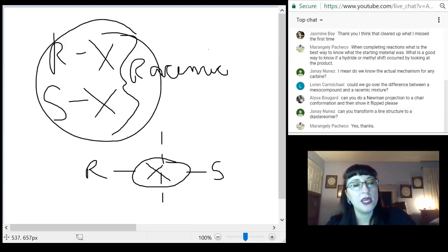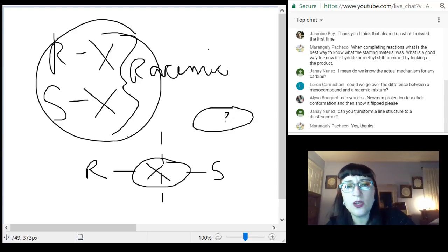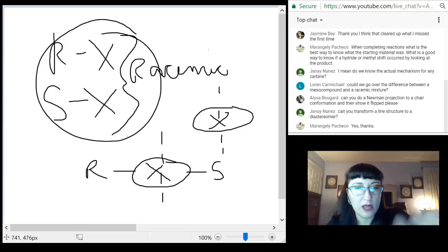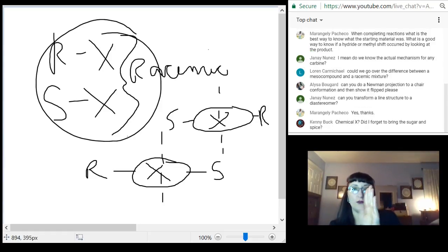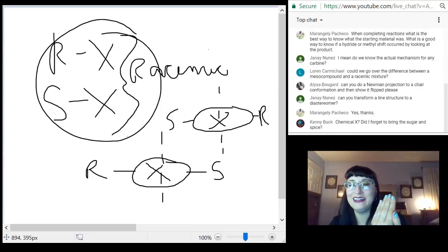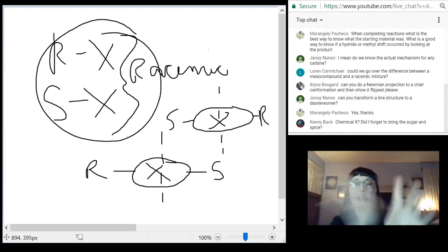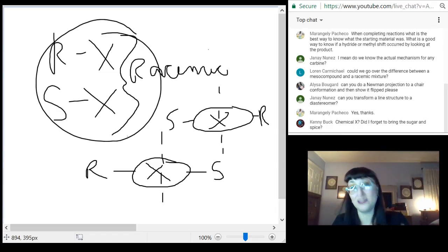And so then you also have what you would think would be the enantiomer of that, meaning the mirror image, if you flipped it, would be this. Well, if you flipped the molecule 180 degrees, it would be exactly the same thing because of symmetry.